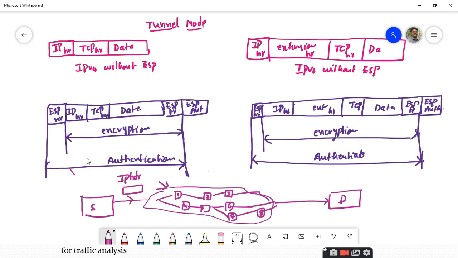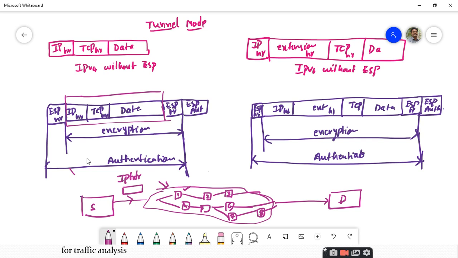Why? Because this is completely encapsulated. You can see here the IP header along with the TCP header and the data is encapsulated within the ESP header and the ESP trailer. So router 1 cannot open the ESP header.